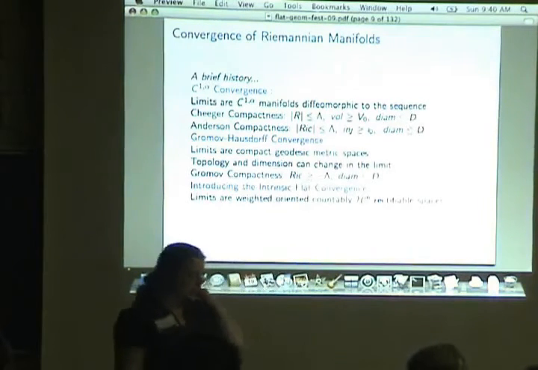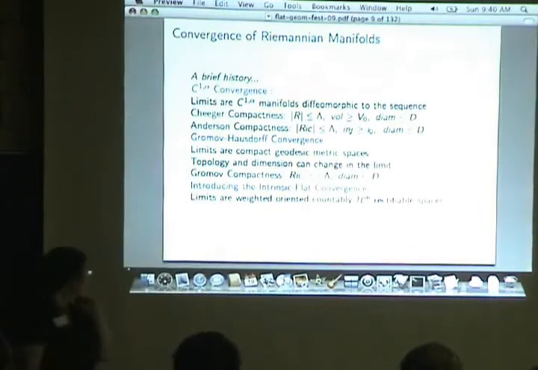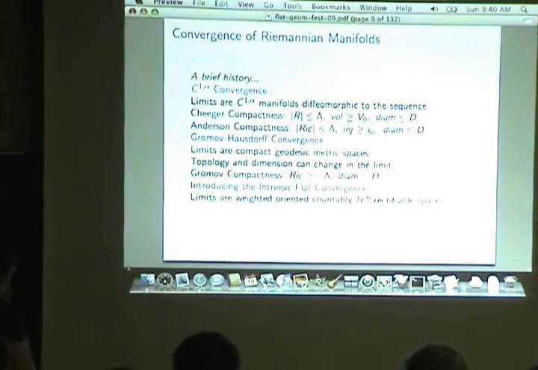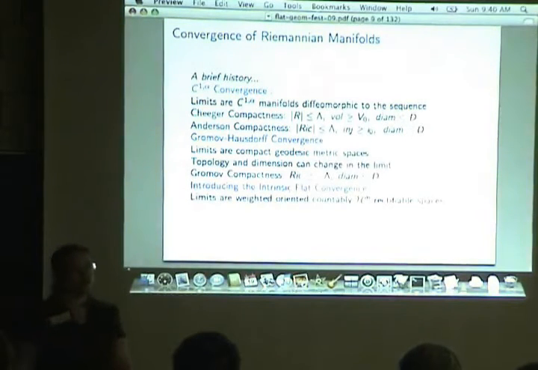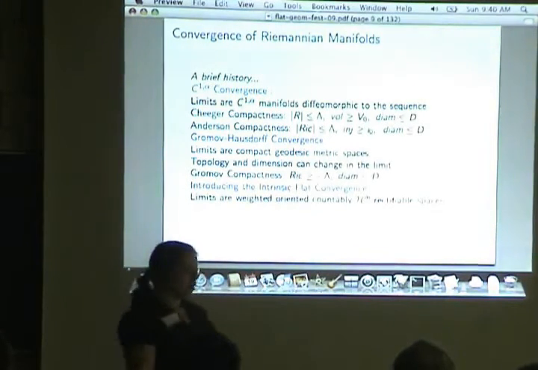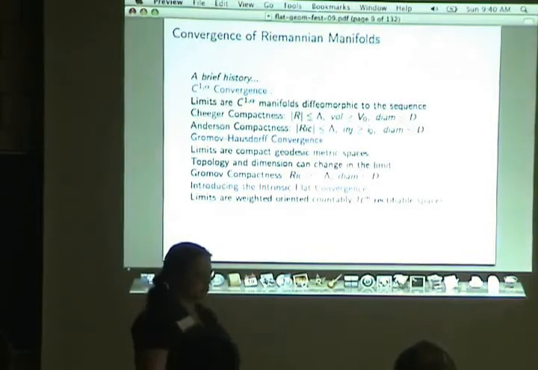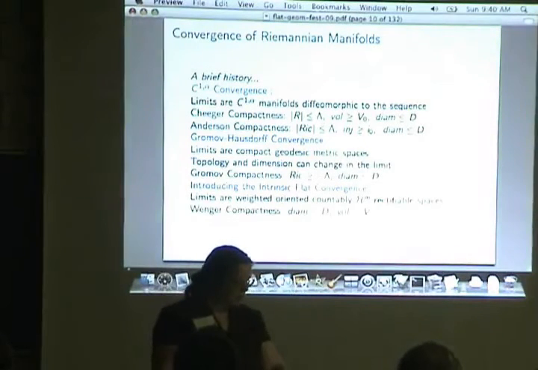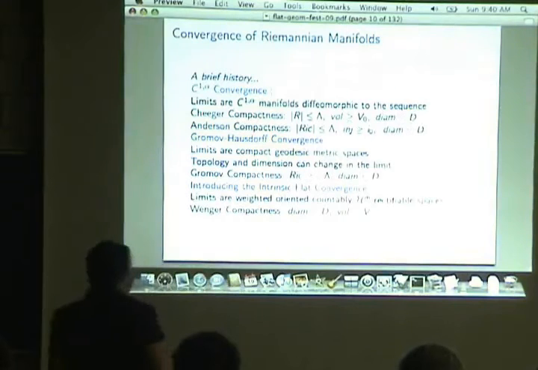And in intrinsic flat convergence, the limits are no longer necessarily compact geodesic metric spaces, but they're weighted, oriented, countably rectifiable spaces. So they have more smoothness than the Gromov Hausdorff limits. And my co-author has a compactness theorem where all you need to assume is a diameter bounded above and a volume bounded above.